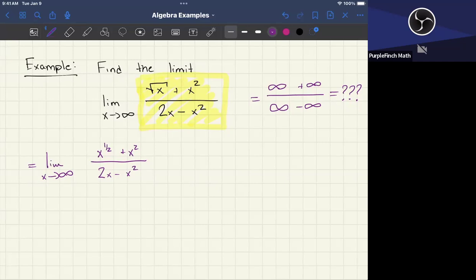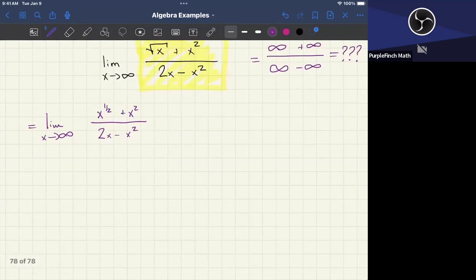Okay, so now we are going to pull out x squared from both the top and the bottom, and it might be a little bit difficult to see how that's going to go. So I'm going to write it down one more time, and we're going to kind of pull through what we're doing here in order to get the x squared in all our terms so we can pull that out.